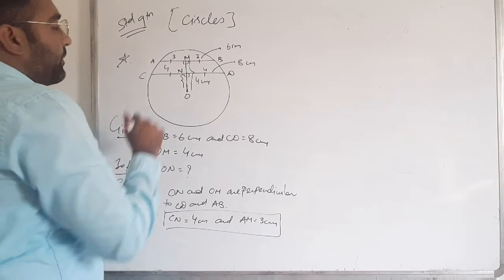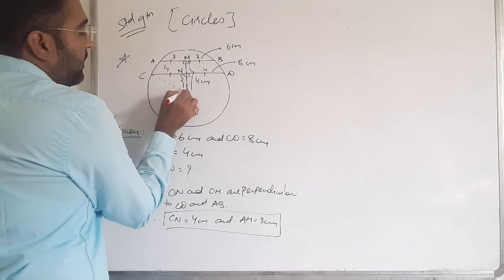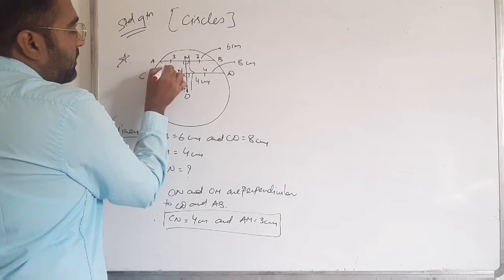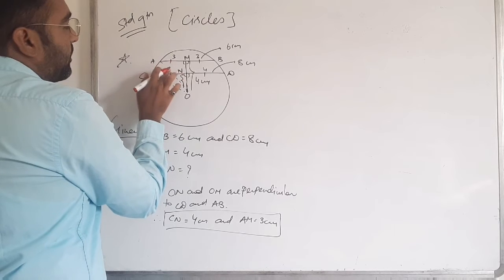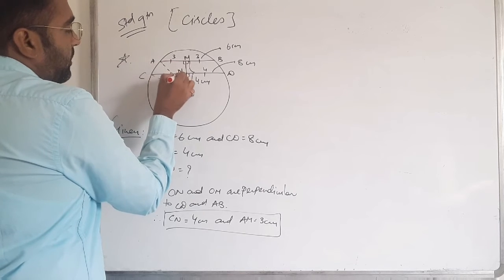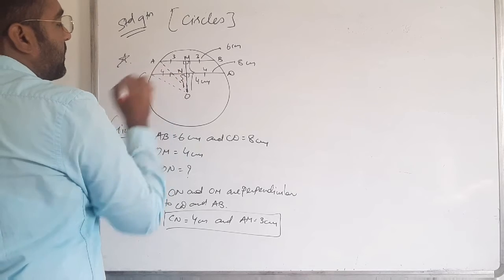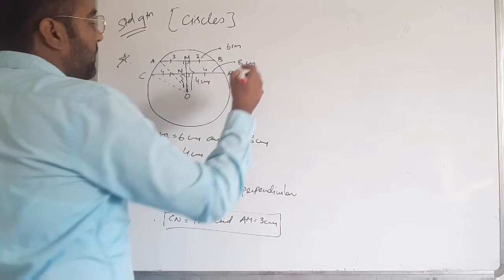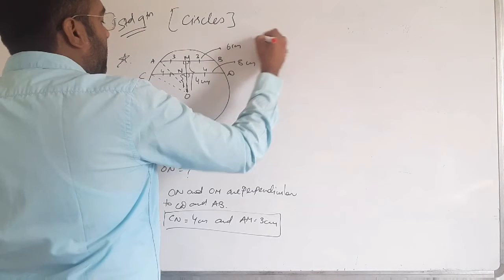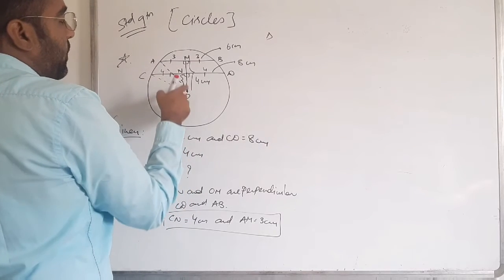Now, same as the previous session, first of all I'll draw the triangles with the radius. So you can see here my triangle CON.